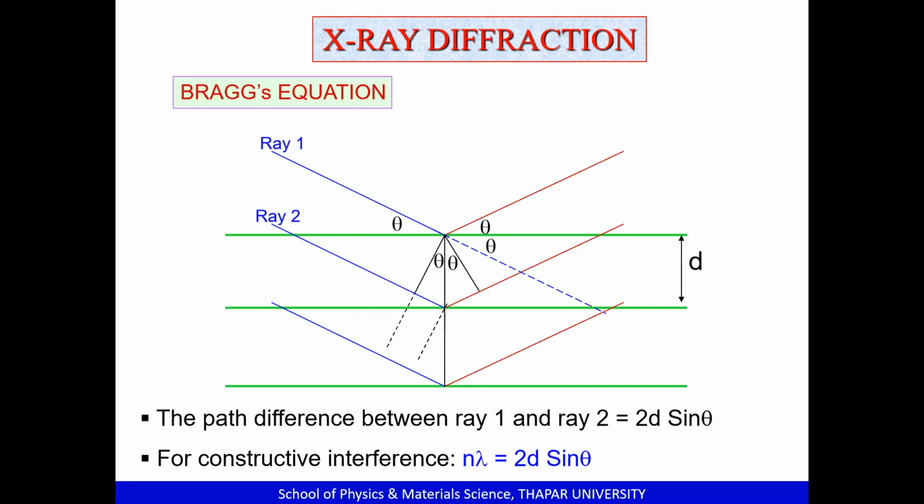The basic principle with which the experiment is going to work depends on Bragg's equation. If you remember your last year's course on optics, you have been taught in detail the phenomenon of diffraction.